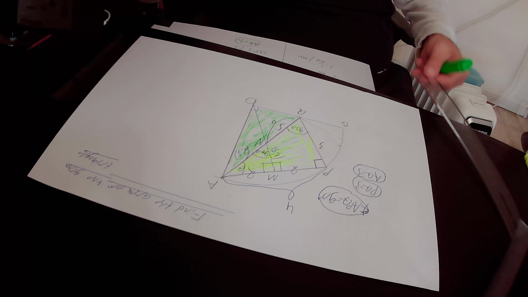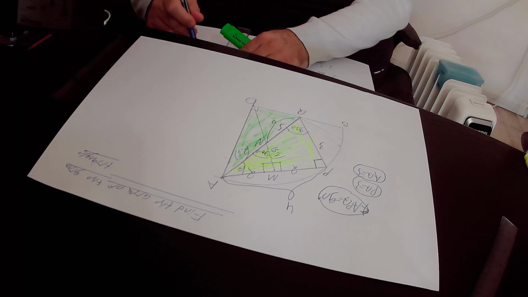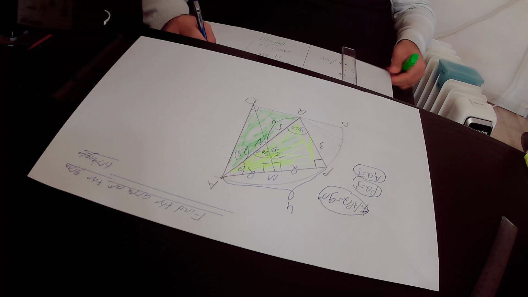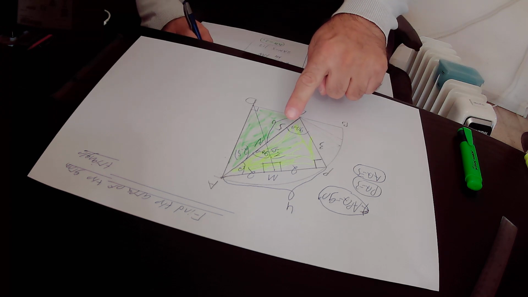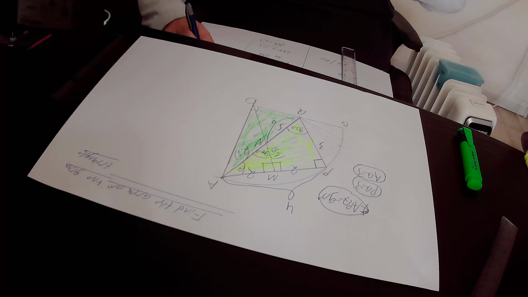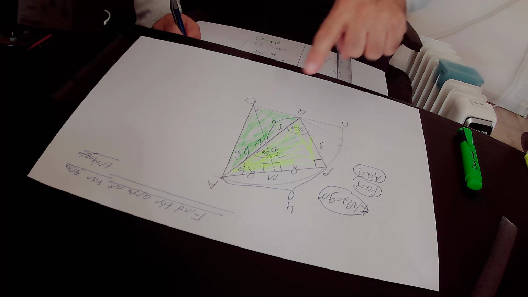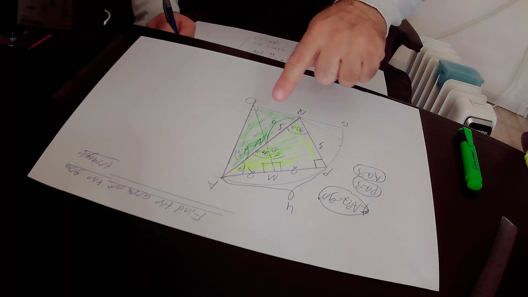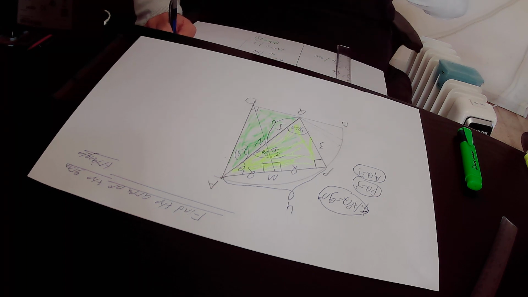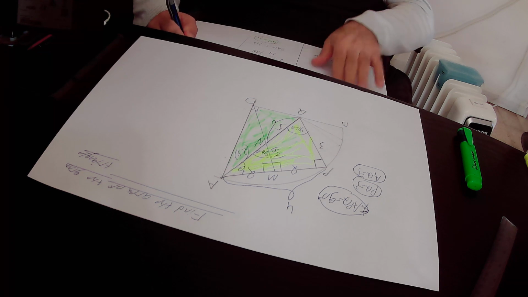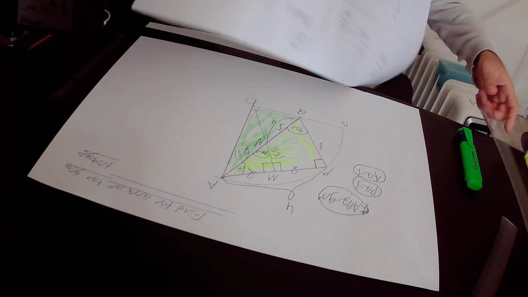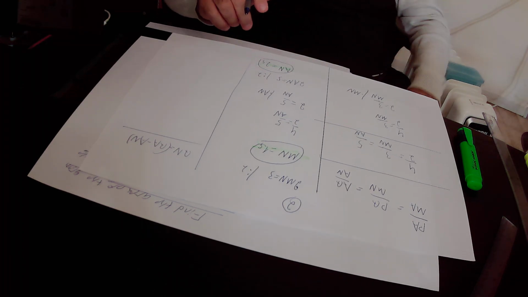So I write it down that line segment QN equals QA minus AN.